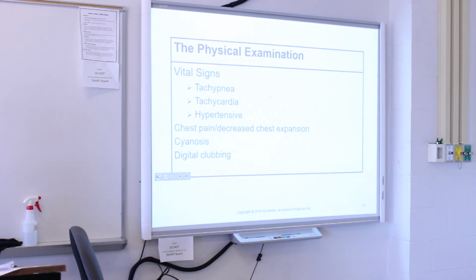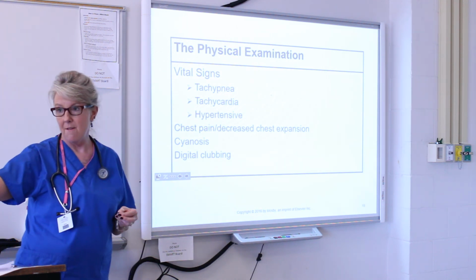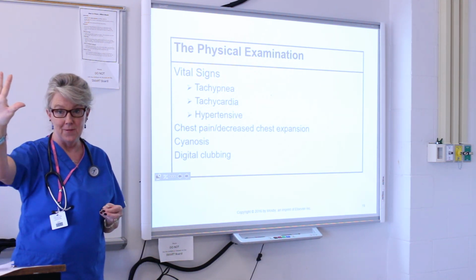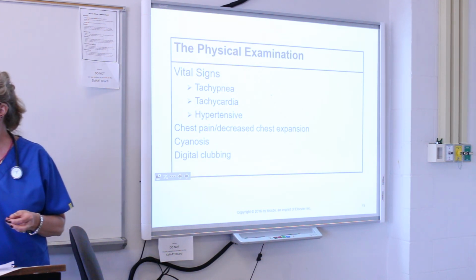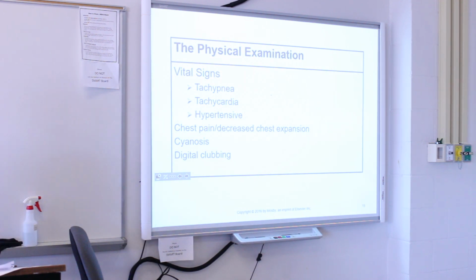The physical exam. Anything new on this? What has to be present for cyanosis? Five grams per deciliter of reduced hemoglobin, aka non-oxygenated hemoglobin.